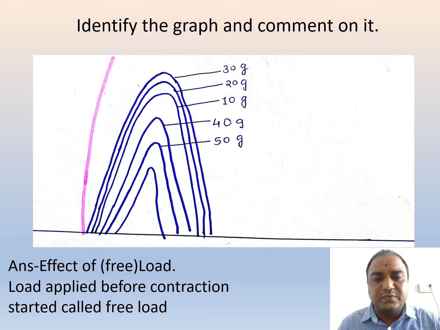For the first few contractions, when weight or load is applied, there is an increase in the height of contraction due to Starling's law, but after that a decrease is noted. So it is a preload graph or free load.